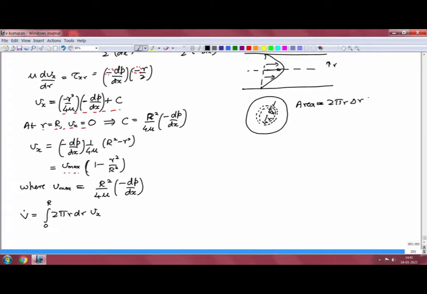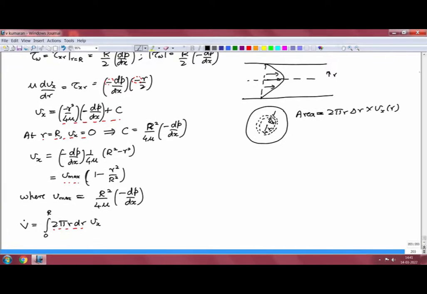So, that is the differential cross sectional area. If I multiply the differential cross sectional area by the velocity Vx at r and integrate over r, I will get the total flow rate. So, that is what I have done here. That gives me the volumetric flow rate.